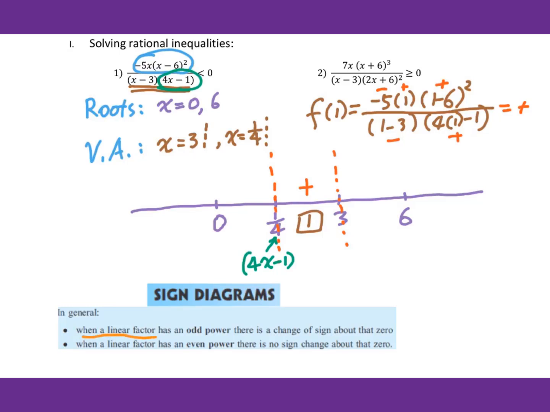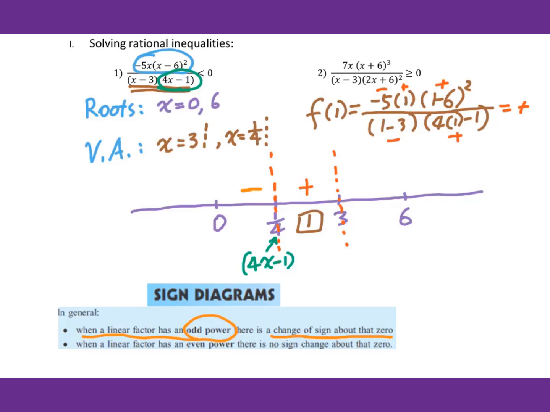When a linear factor has an odd power, there is a change of sign about that zero, which means this interval will be negative. The neighbor interval has a different sign.